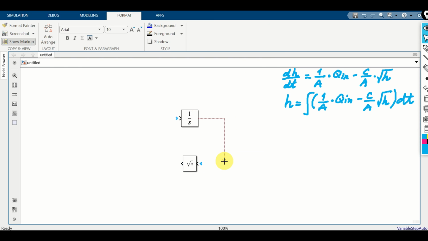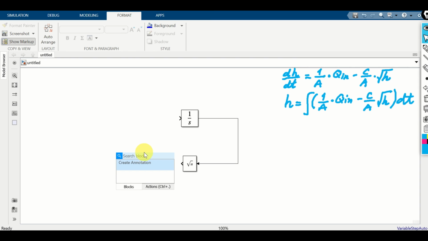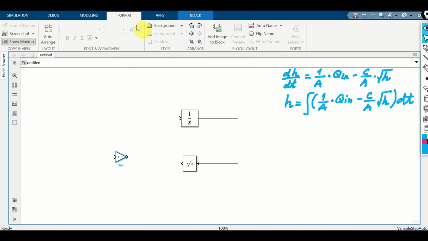Connect the output of the integrator to the input of the square root, and you will obtain square root of h. Next, we need to multiply square root of h with C over A. To do that, we need to add the gain. Double-click over here and search for a gain. Again, rotate the gain, click on Format and click over here to rotate the gain. Enlarge the gain block.